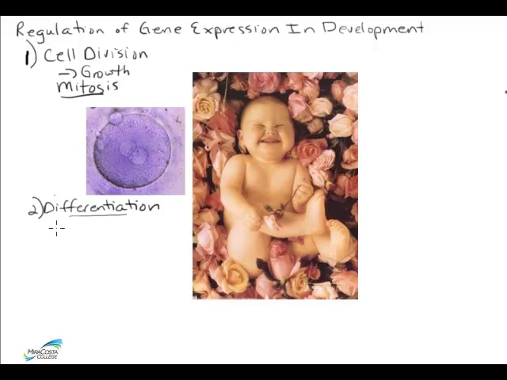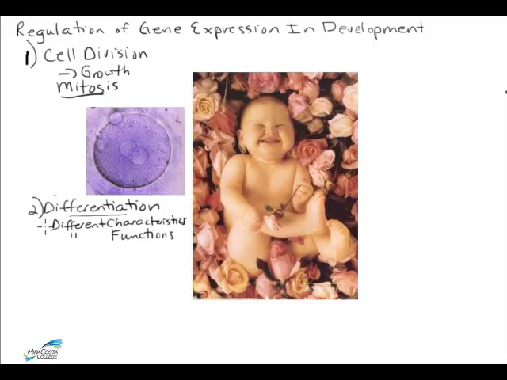So differentiation refers to the fact that we end up with cells that have different characteristics, and because they have different physical characteristics and properties, we can have different functions associated with those cells. And obviously the coordinated integration of all of those functions is what makes us as an organism possible.